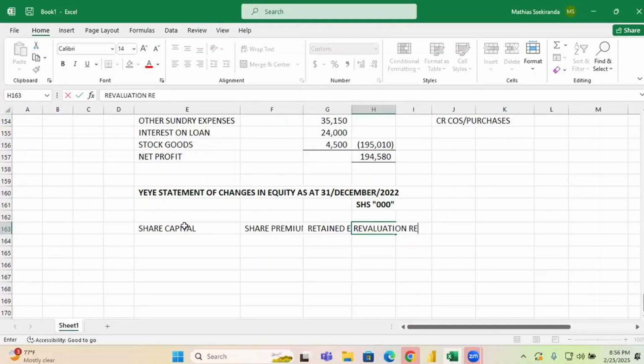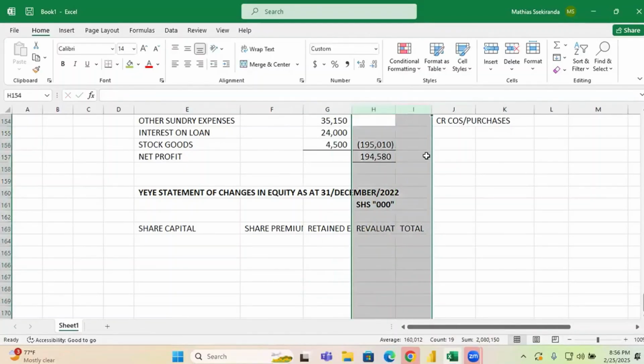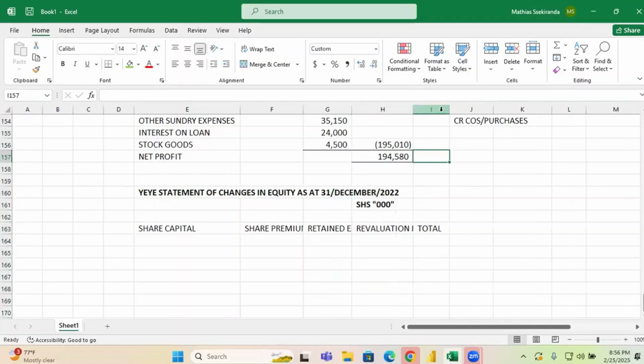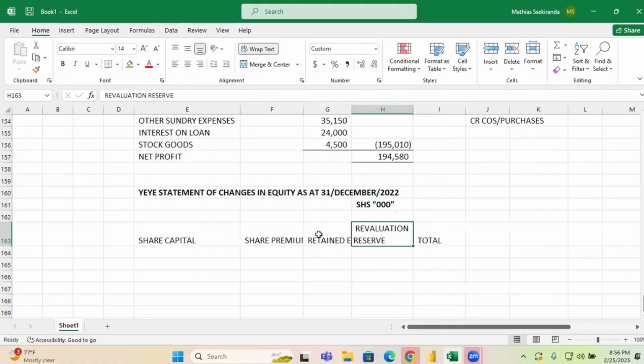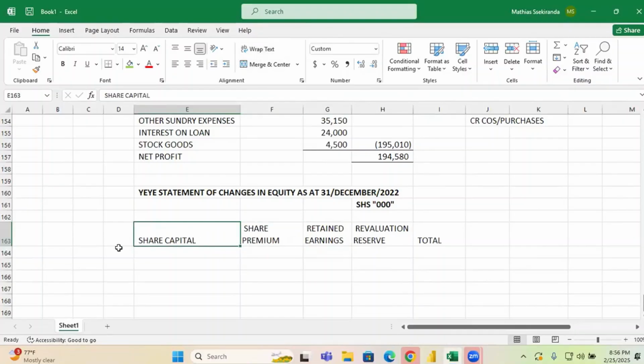All other reserves should also be components of equity. If you have other reserves in a particular number, each reserve should have its own column.